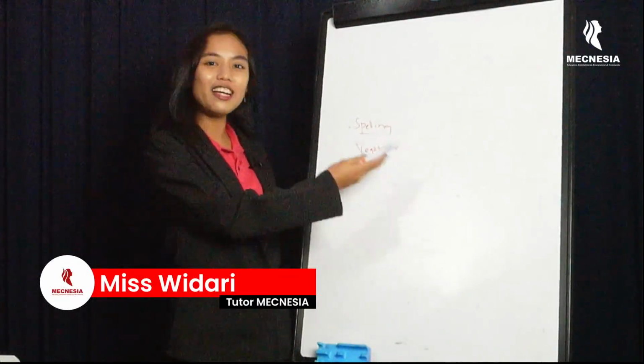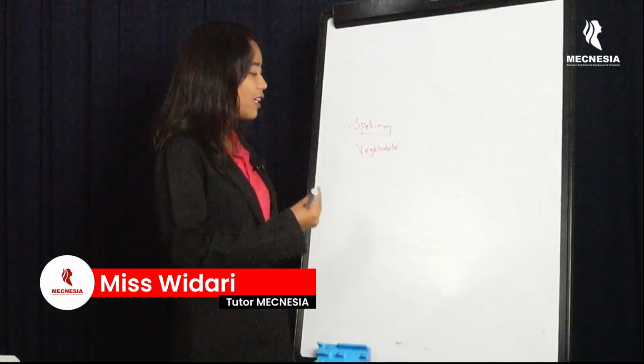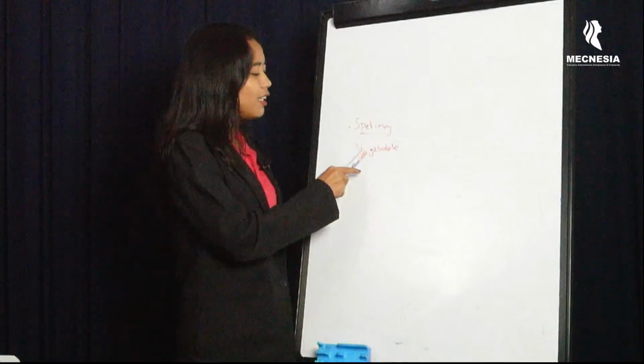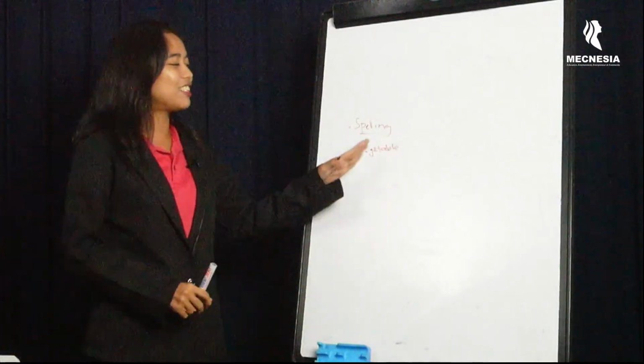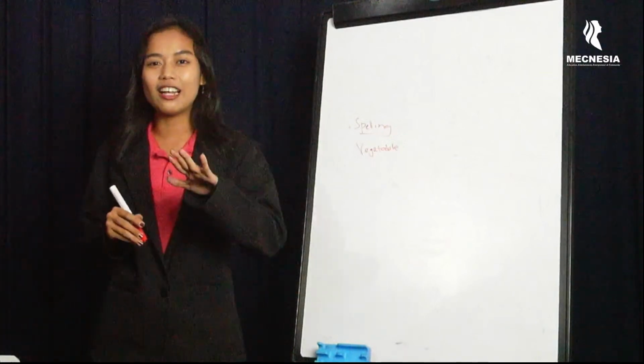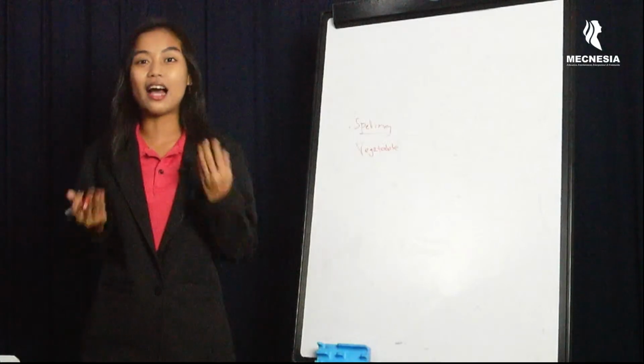V-E-G-E-T-A-B-L-E. Vegetable. Let's spell it one more time. Now faster, tapi lebih cepat. V-E-G-E-T-A-B-L-E. Vegetable.